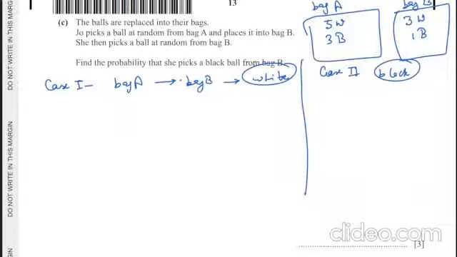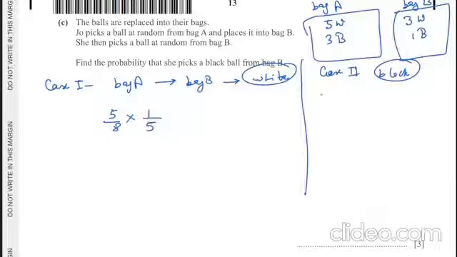So when bag A to B, if the white ball is transferred, from bag A the probability will be 5 by 8, and from bag B the probability of picking up the black ball will be, because now there will be 4 white and 1 black, so 1 black upon 5, because total 5 will be there.